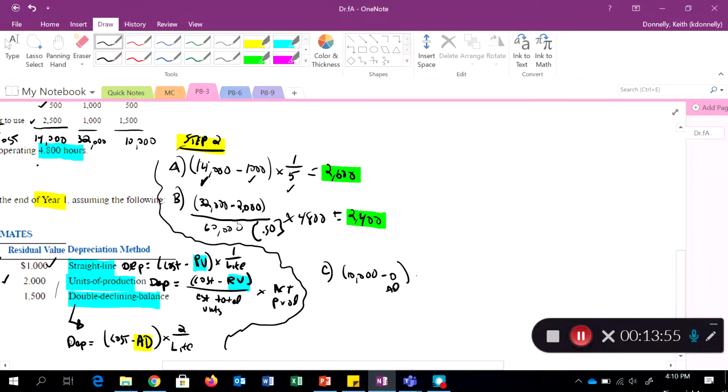This was just the first year. We haven't accumulated any depreciation yet. And it's going to be 2, which is part of the equation, over useful life years, 4 years. So when we do the math on that, it's going to be 5,000.